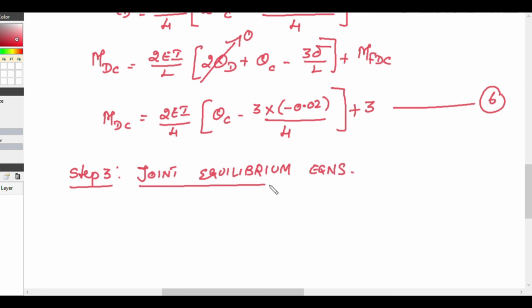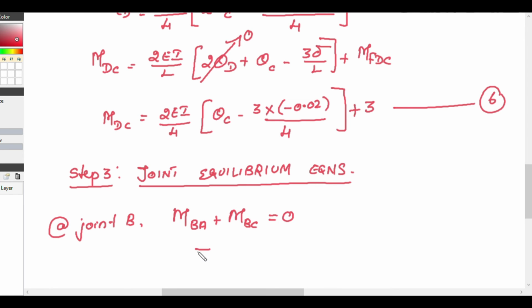At joint B, we have MBA plus MBC equal to 0. That means MBA is our equation number 2, and MBC is our equation number 3, equal to 0. So this is another additional equation, equation 7.